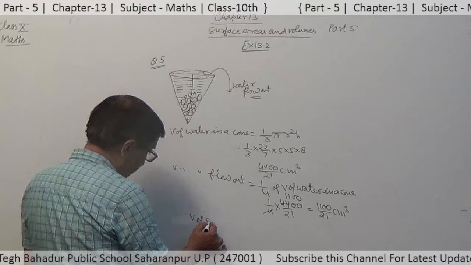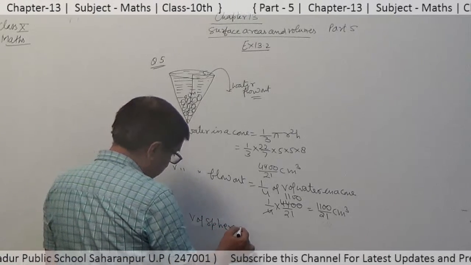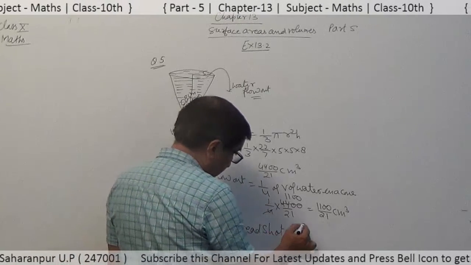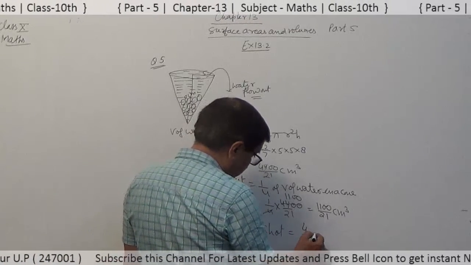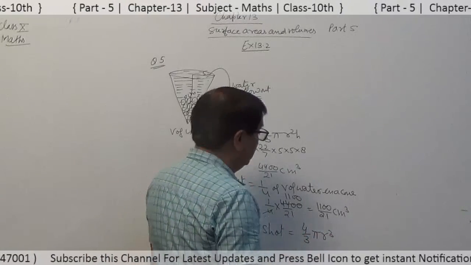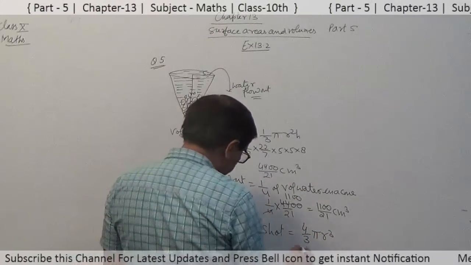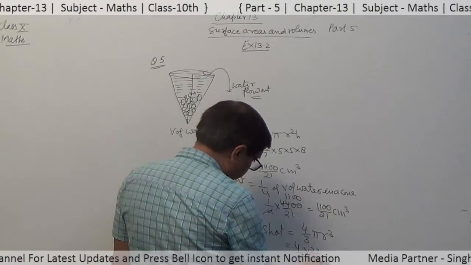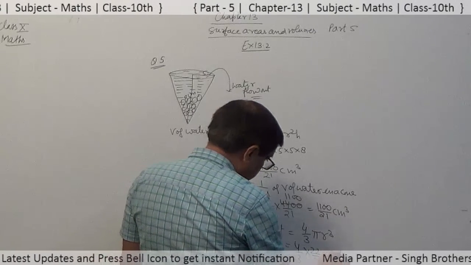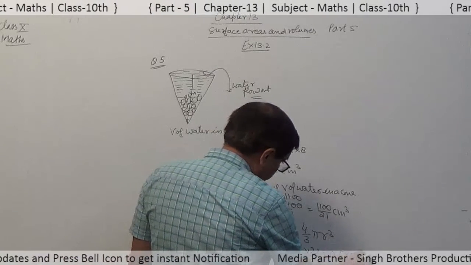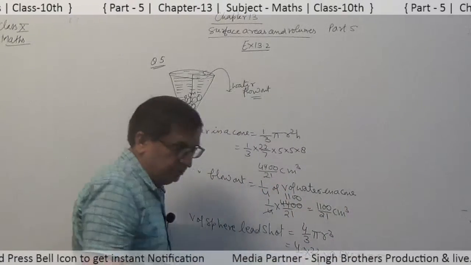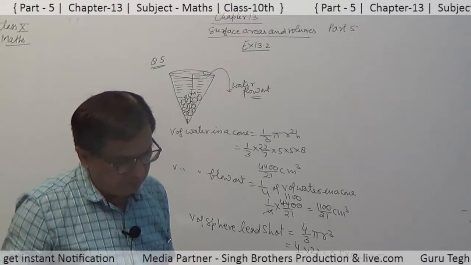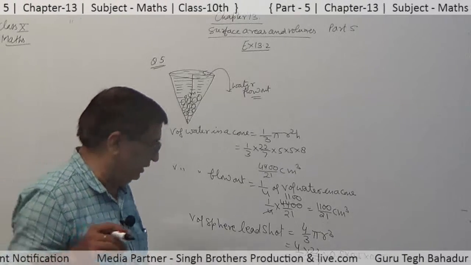The volume of a sphere, the lead shot, is 4/3 pi r cube. So it is equal to 4/3 into 22/7 into 0.5, 0.5, 0.5, because the radius of the lead shot is 0.5.